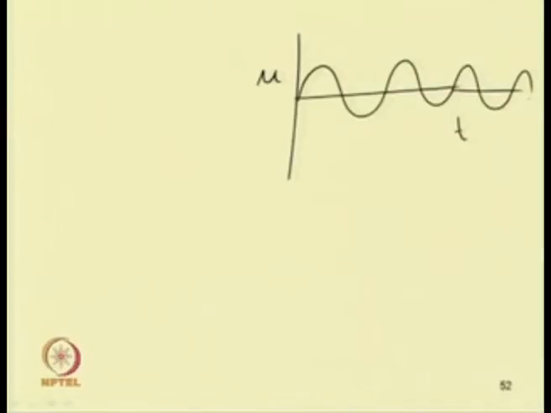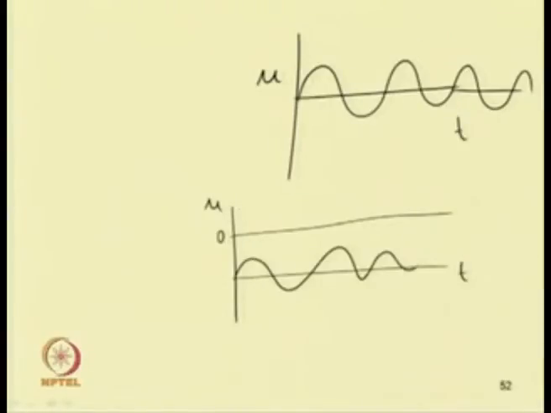Before, one could plot the response like this, when the quadratic nonlinearity was not there. Now, due to the presence of this quadratic nonlinearity, there will be a drift from u equal to 0, and one can have the response of the system this way.